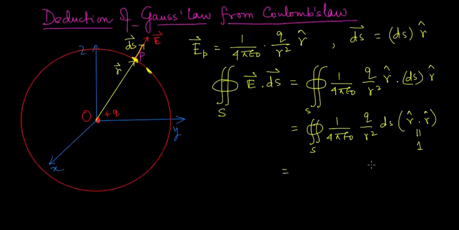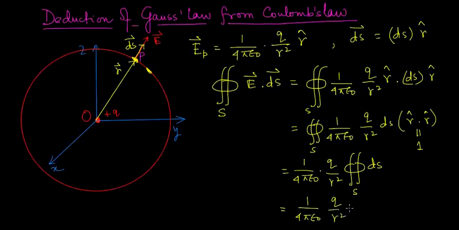So first take the constant out of this integral, 1 by 4 pi epsilon 0 q, and since we are doing the surface integral over the sphere, r is also constant, so r square is out, and the surface integral over ds is the surface area of the sphere, that is 4 pi r square.